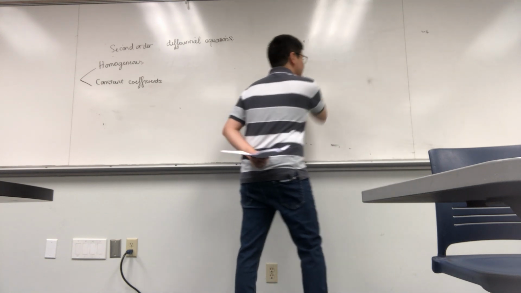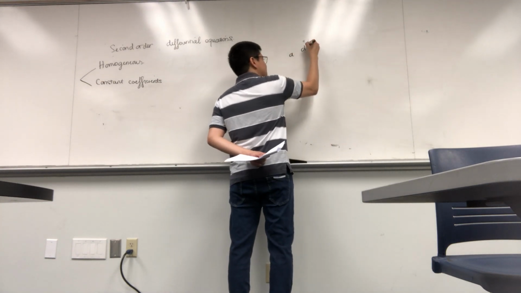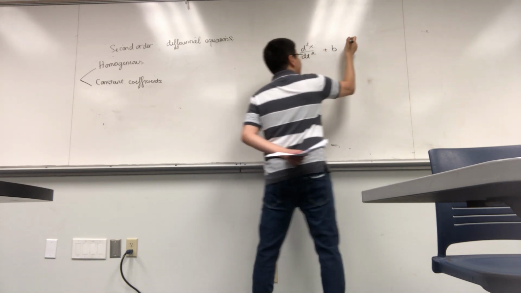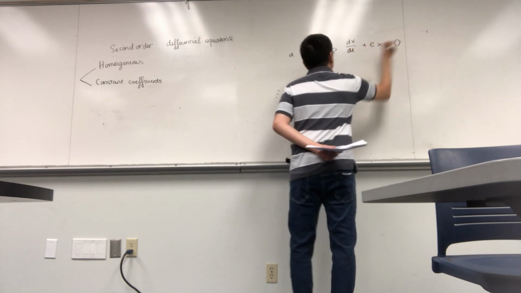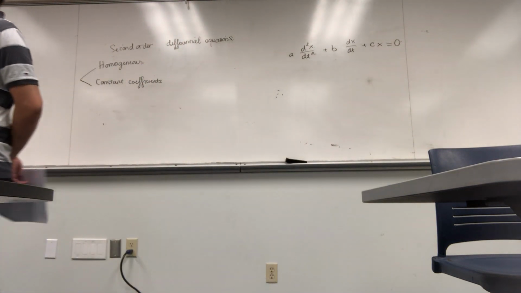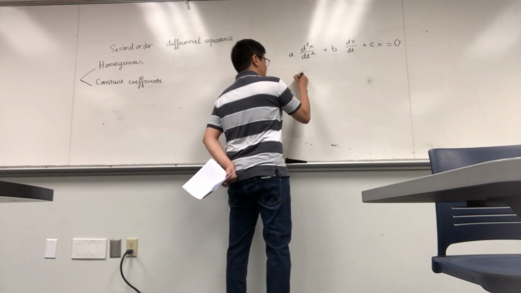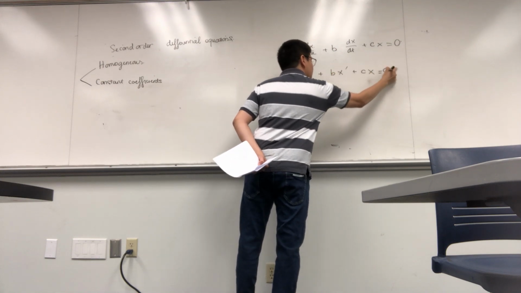The form of a second order differential equation will be like this. You have a d squared x over dt squared plus b dx over dt plus cx is 0. So this is the form of a homogeneous second order differential equation with constant coefficients.